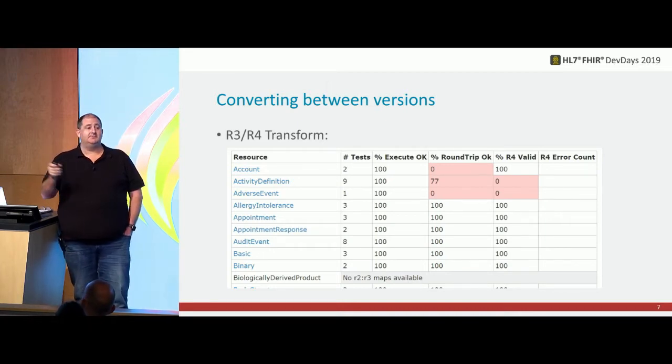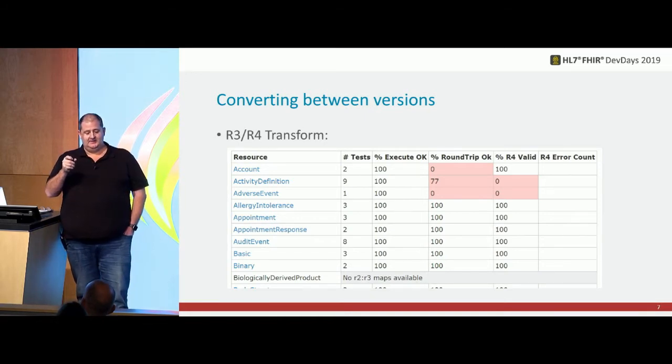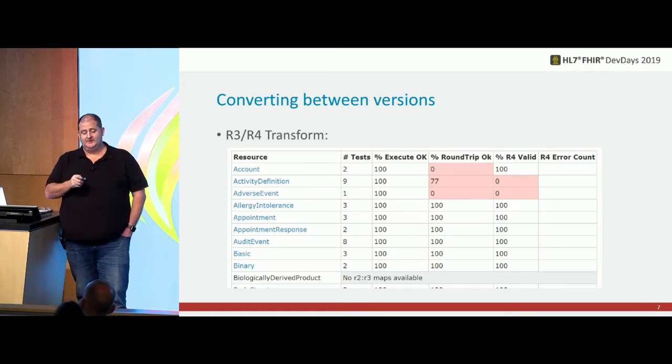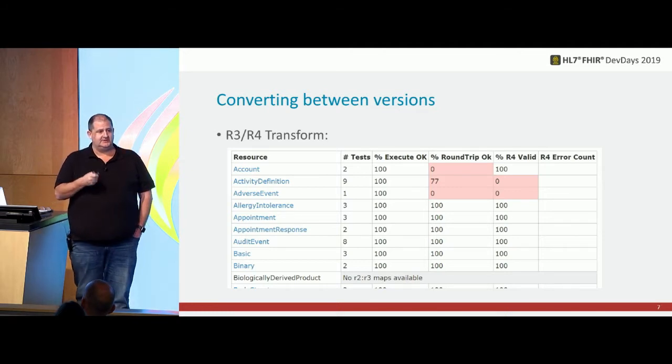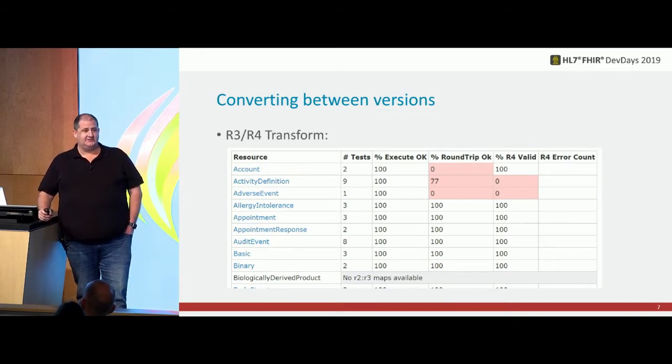And then I convert them back with the back conversion map and check that that worked. And you'll see that that wasn't working for account when we published release 4. Or in the case of activity definitions, 77% of them were working. So it gives you an idea, a very rough idea, of whether the conversion's even starting to be reliable.